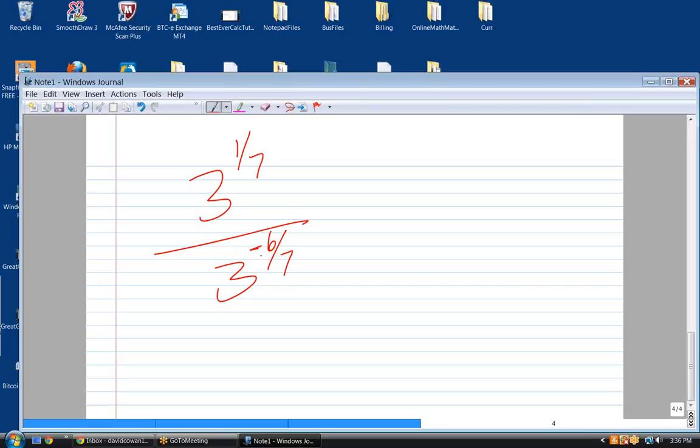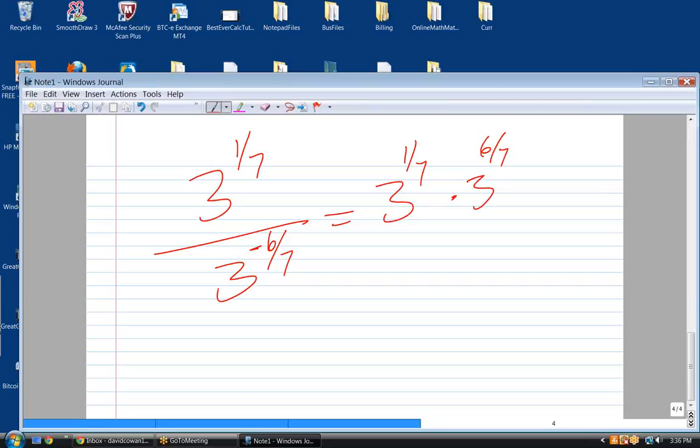Whenever you see a negative exponent, you can always put it on the other side of the fraction bar and change the sign on the exponent. In other words, this is the same thing as... doesn't matter whether it's in the numerator or the denominator.